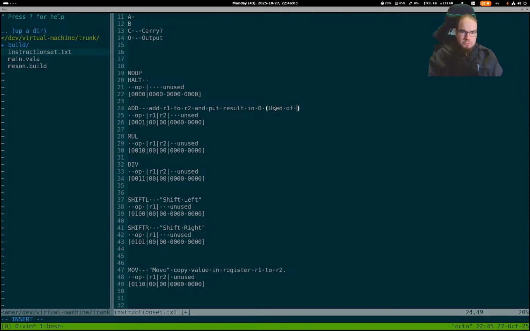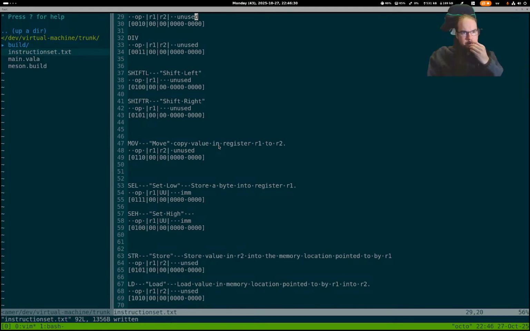This is also used for adding a negative value. If we add, this can also be used for subtraction, and that should be okay, I guess.